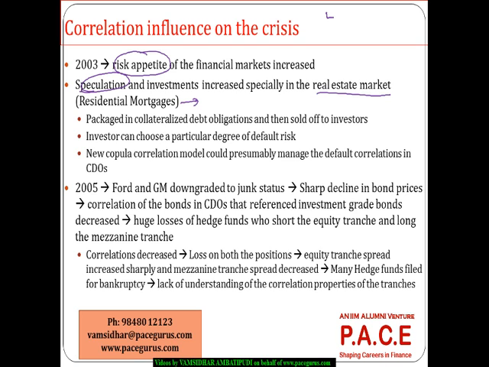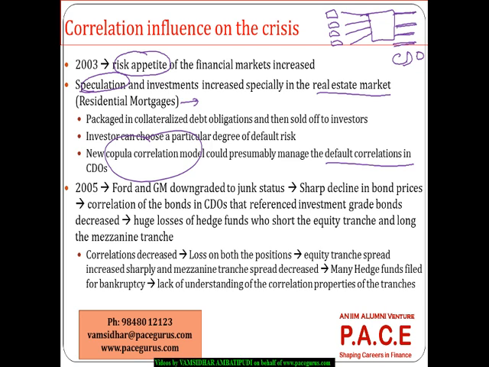All the residential mortgages were packaged and sold to the SPV, which created the CDOs, the collateralized debt obligations. The CDOs were packaged in such a way that investors at different risk levels can choose which one suits their risk level. And even a new Copula correlation model came out, which is able to manage the default correlations in the CDO.